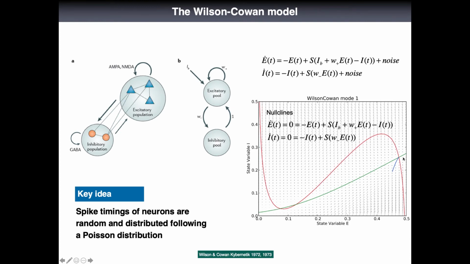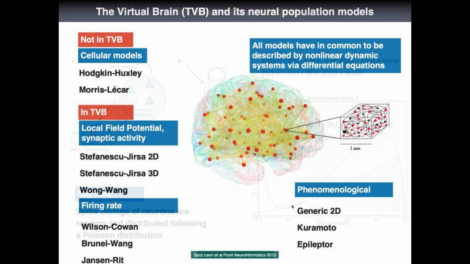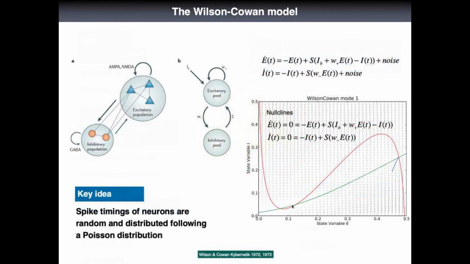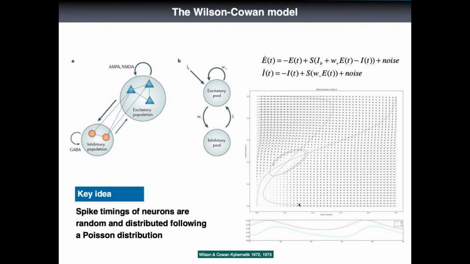For instance, this is a case where they show two equilibrium points, for a low activity and a higher activity, separated by a saddle in the middle. However, if we change the parameters, for instance, the input coming from other brain regions, we can have the formation of an oscillation, a limit cycle.